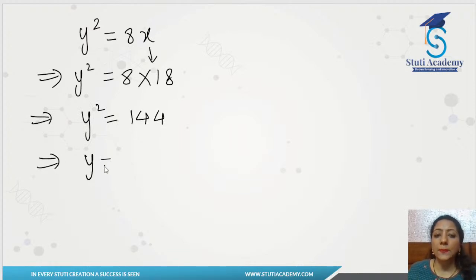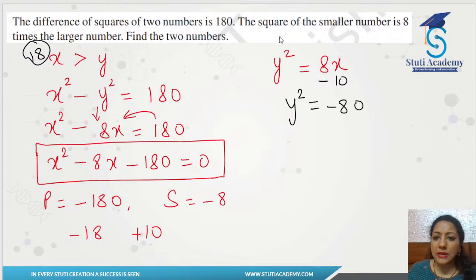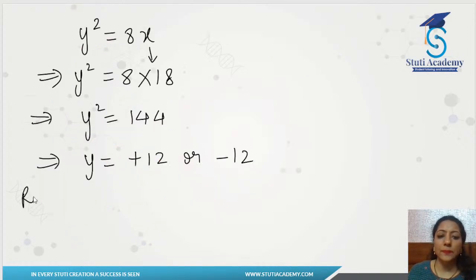So y would be either positive 12 or negative 12. Here we are getting two values of y, positive 12 and negative 12, and as such we have no reason to reject any one of these. Positive and negative 12, they both satisfy the condition. So here we'll consider both the answers. So the required numbers are x and y we took.